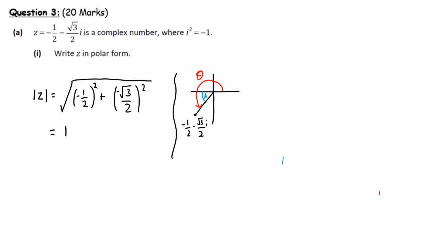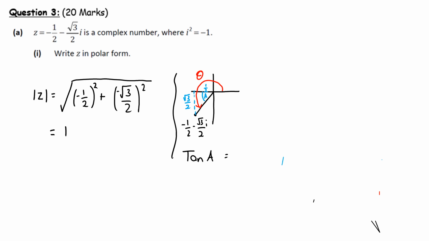So first thing I need to do is figure out what A is. To get tan of A, we figure out rise over run. So based off this complex number, that's root 3 over 2, and that's a half. So tan of A is root 3 over 2 divided by a half.